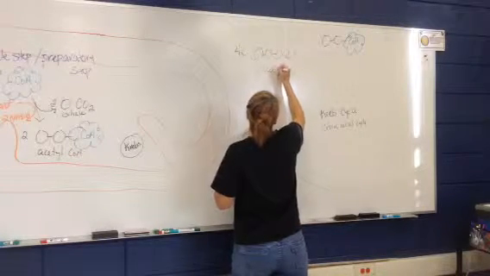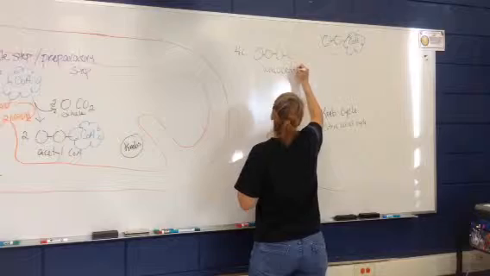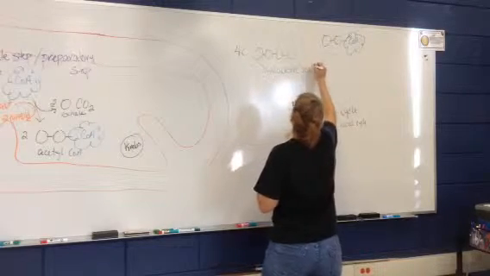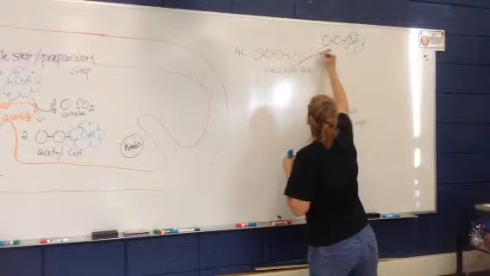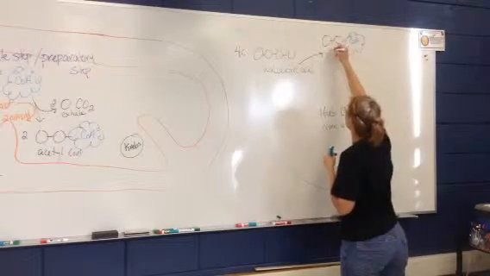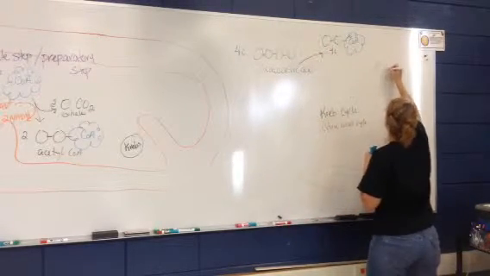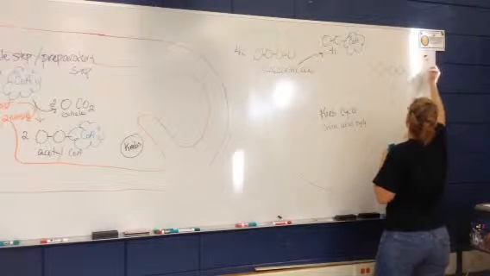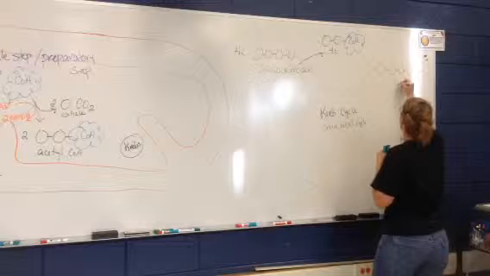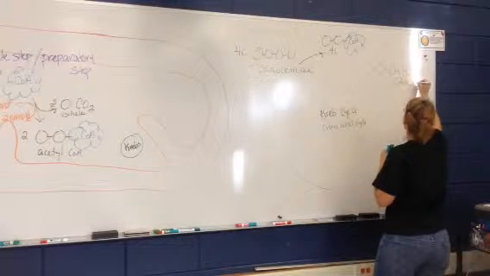called oxaloacetic acid. And it's going to combine, so 4 plus 2 carbons is going to give us a 6-carbon molecule called citric acid.